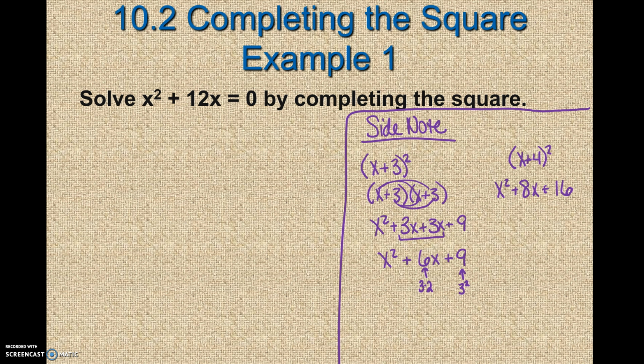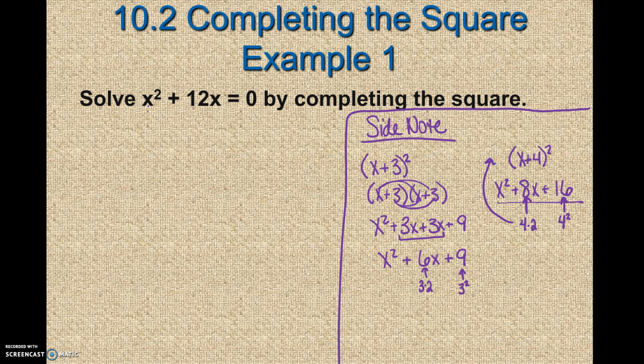This is a shortcut that some people learn when they're multiplying these things out. We're actually going to be using this shortcut backwards. If you have a trinomial and you see that this number is 4 times 2 and this number is 4 squared, then you know that that trinomial is the same as x plus 4 squared. That's the direction that we are going to be going today.